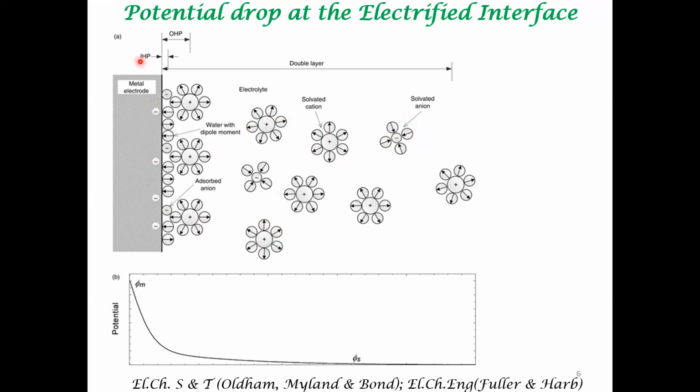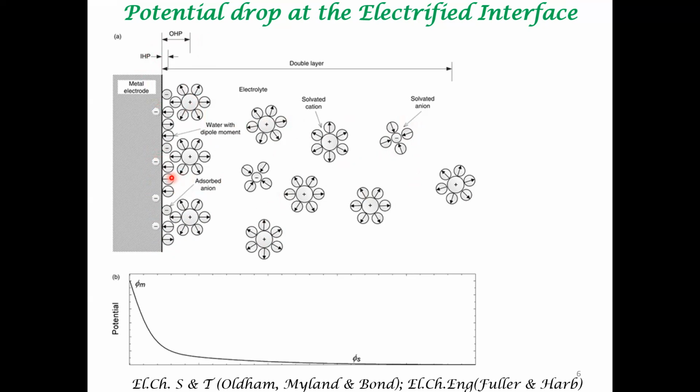This is called the inner Helmholtz plane. This is called the outer Helmholtz plane, okay? Why did they define all these things? Because they had to build up a model for the capacitance of an electrochemical interface. This could be measured even in the 1800s. That's a macroscopic measurement of capacitance.